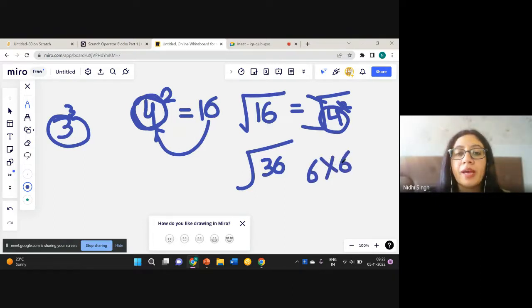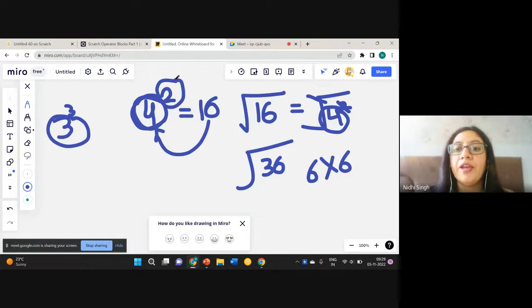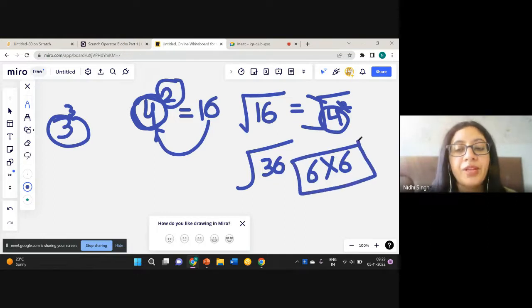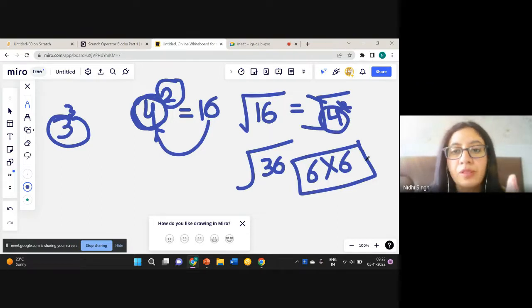If I'm talking about square root, the value will always be 2. Square root means only 2 numbers will be coming in multiplication and the number will be multiplied by itself. No 3 numbers we will be multiplying here. Square root deals with only 2 numbers, actually 1 number multiplied by itself.